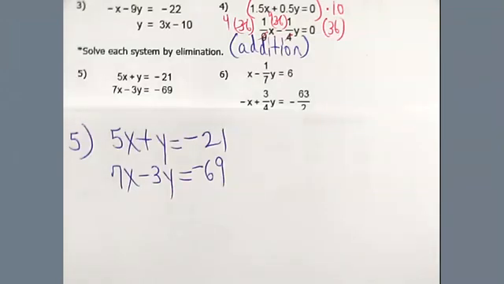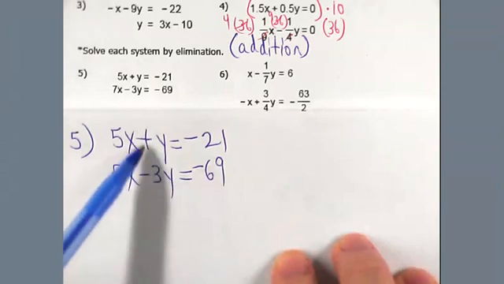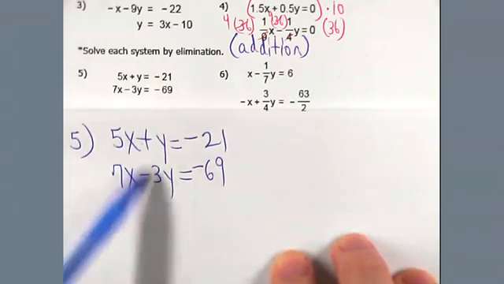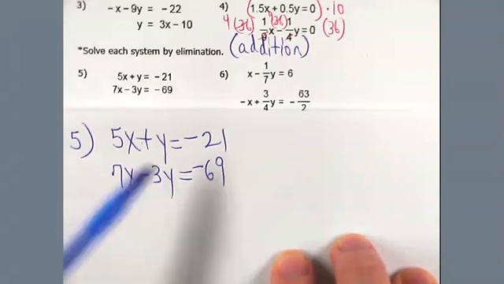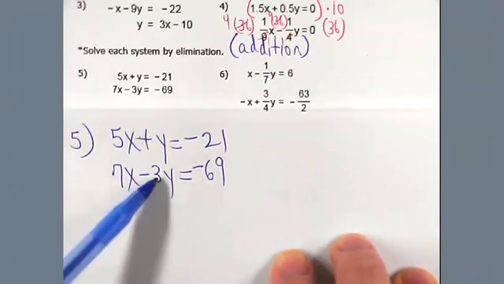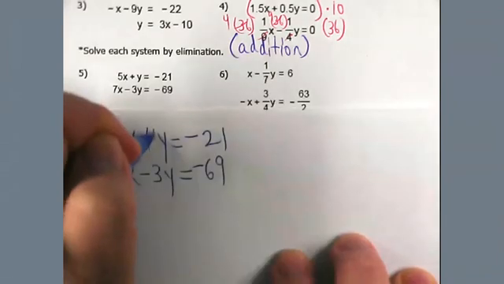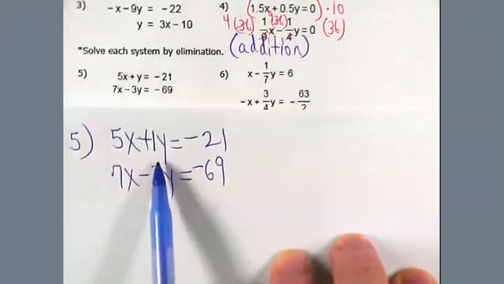Honestly, it does not matter which letter you want to get rid of with the addition method. If I see different signs with the letter, then I'm going to pick that letter. So we're going to eliminate the y's somehow. Now with that first y, it's understood to be 1.